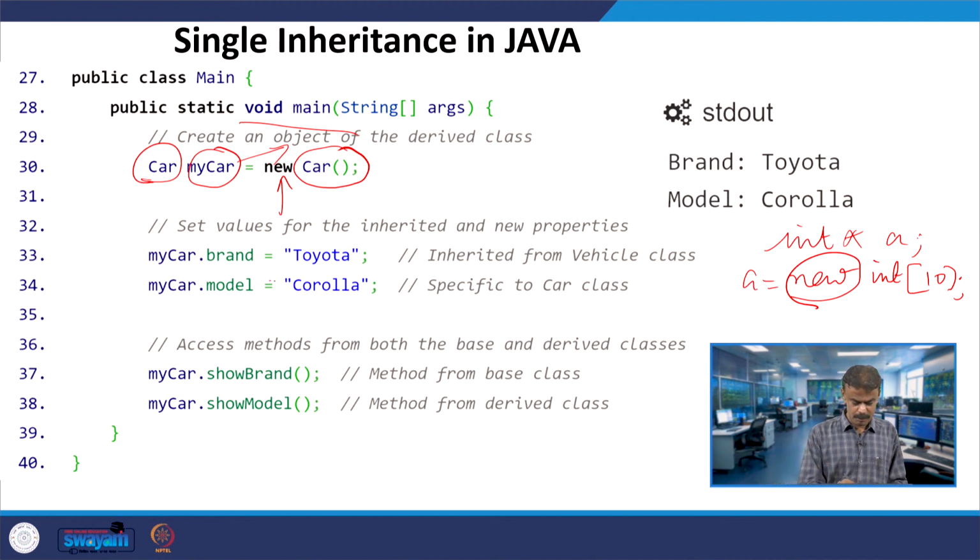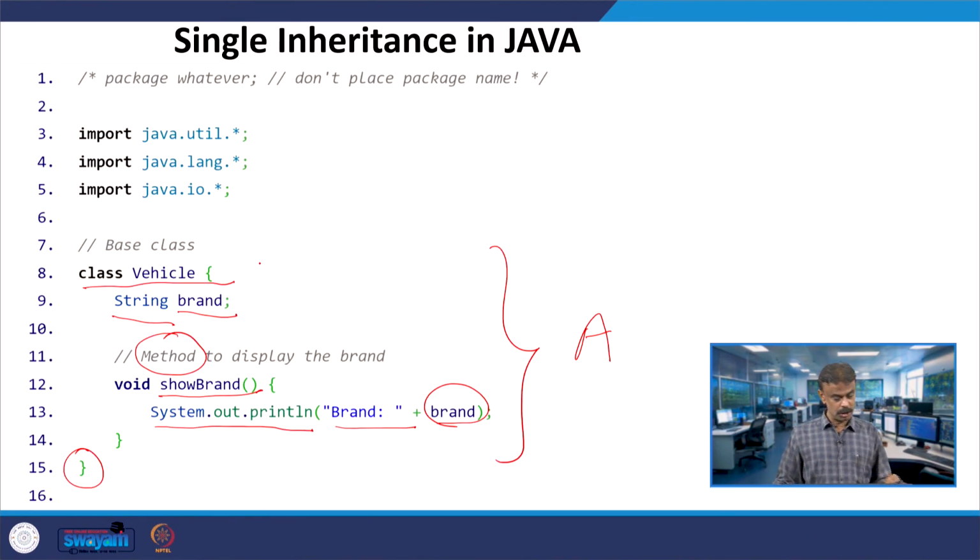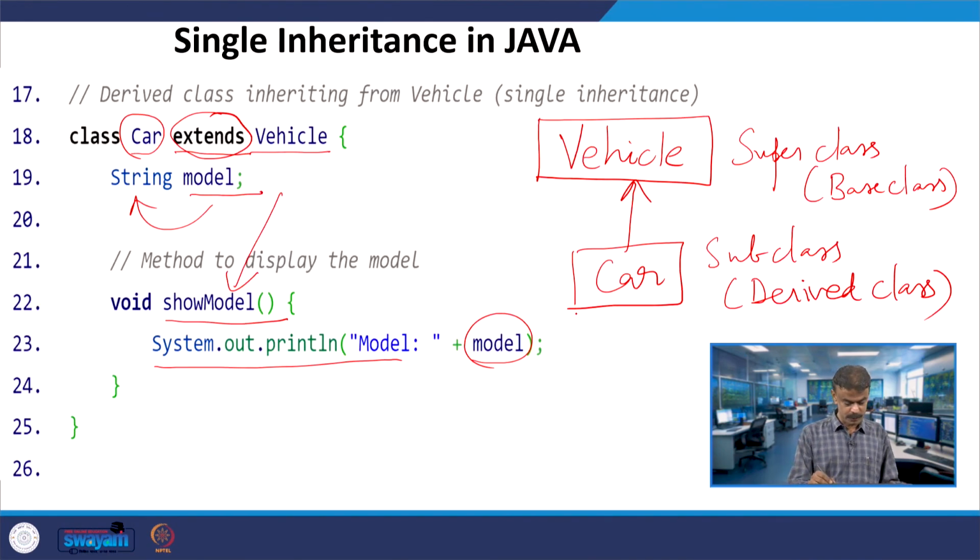Then you can see my car dot brand. My car can access brand, which is available in your superclass A. I call this B because we have used the notation.